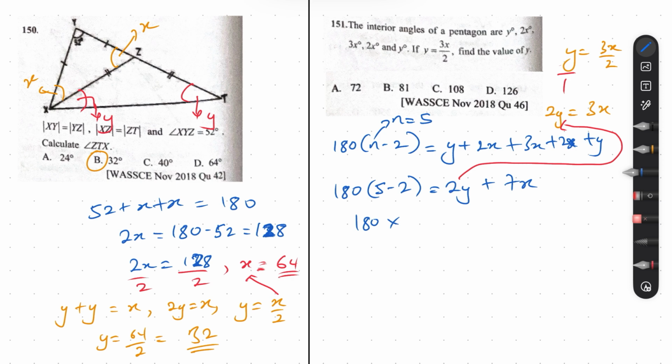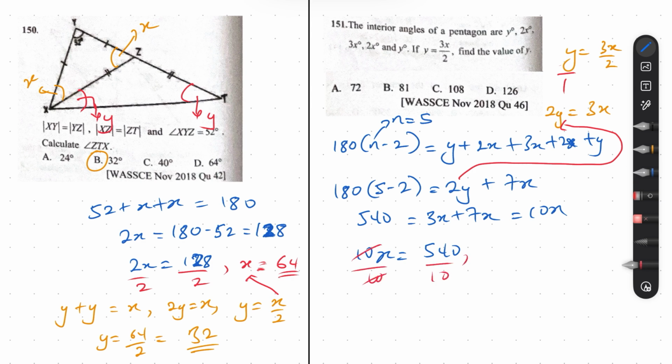So 540 equals 3x plus 7x, which is 10x. Cool. So we have our x to be equal to what? 540 equals 10x. We can divide both sides by 10. This 10 will cancel out, so we have our x to be 54.